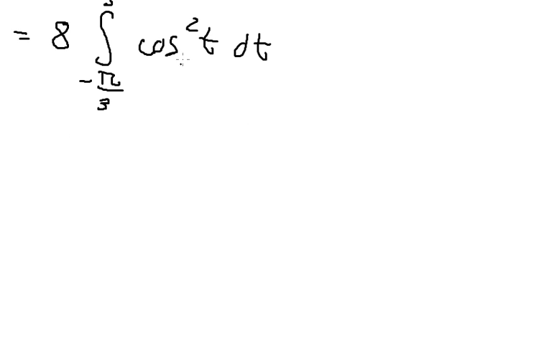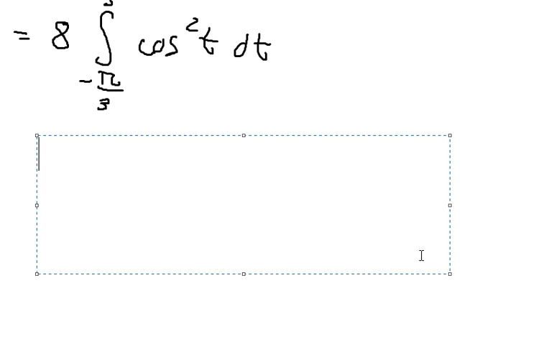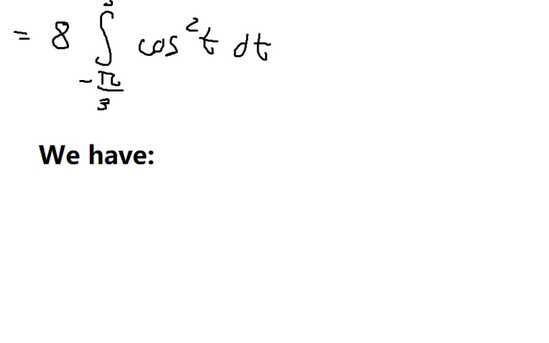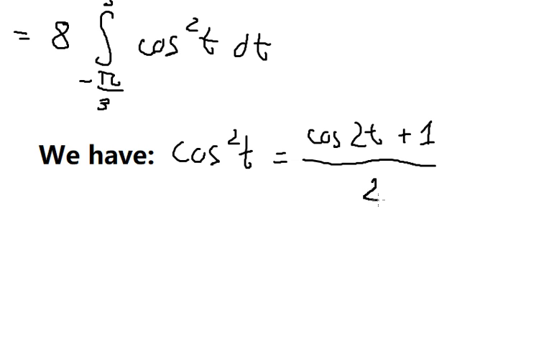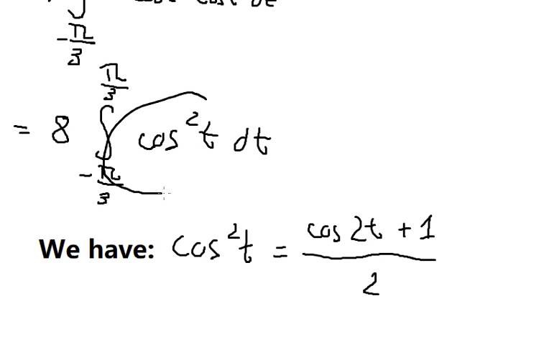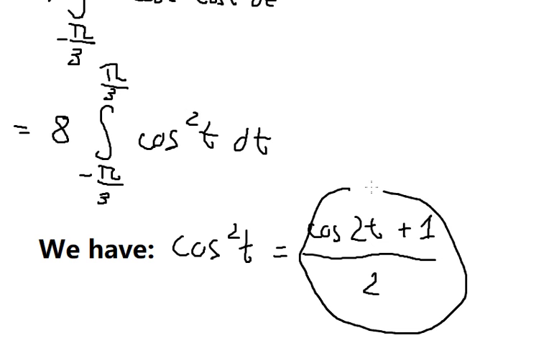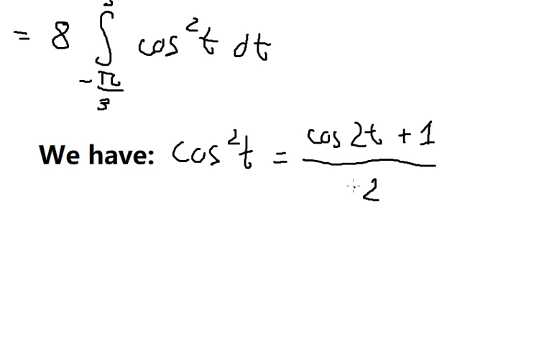Now we have the formula in here: cosine t squared we can change into cosine 2t plus 1 over 2. So now this one we change by this one. So 8 divided by 2, we have 4.